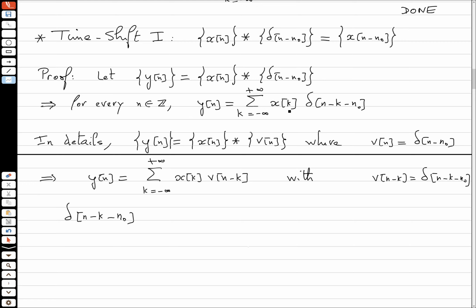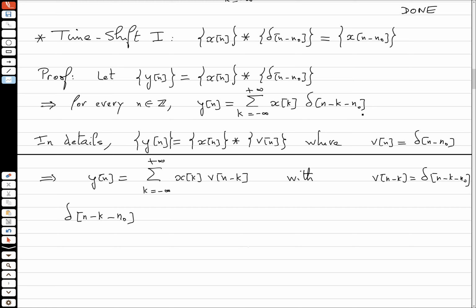So k is moving from minus infinity to plus infinity, and for each value of k, this is going to give you a different value. So this is going to have various values depending on k, where n and n naught are taken fixed.